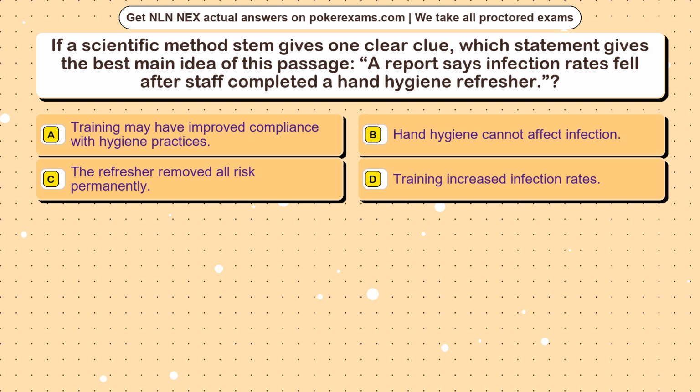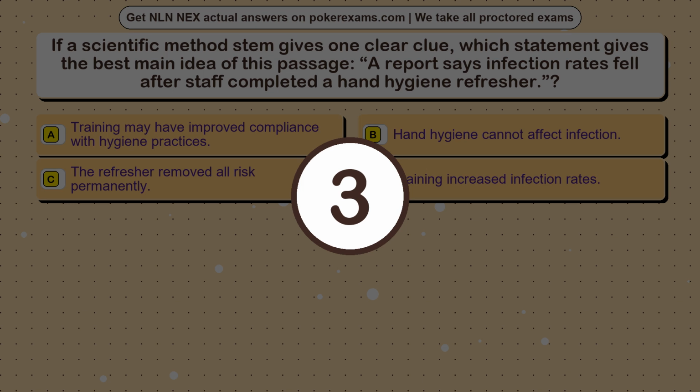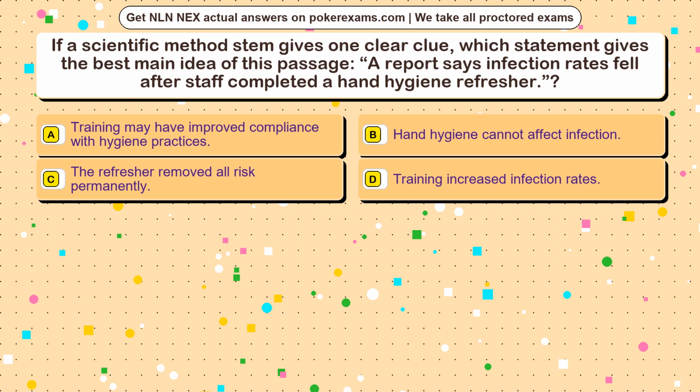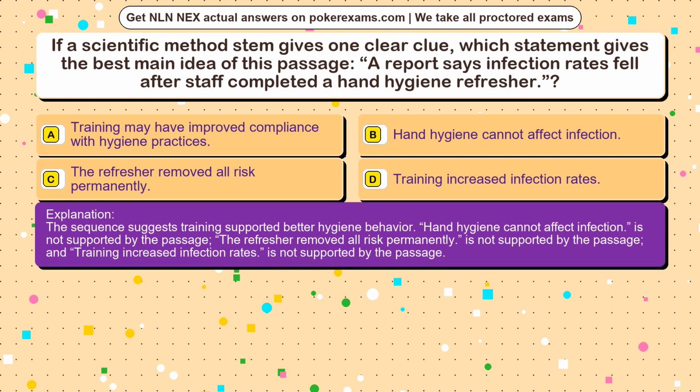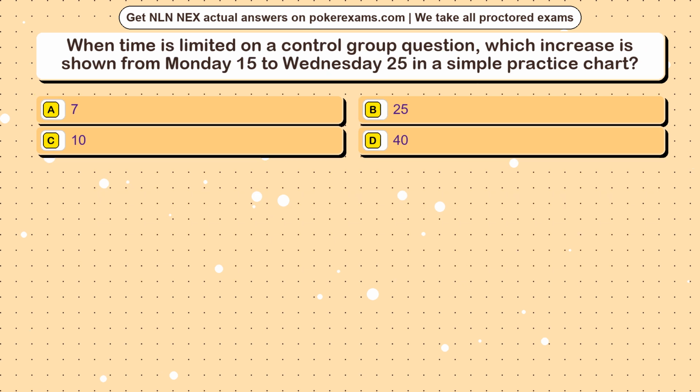Option D, training increased infection rates. The correct answer is option. The sequence suggests training supported better hygiene behavior. Hand hygiene cannot affect infection, is not supported by the passage. The refresher removed all risk permanently, is not supported by the passage, and training increased infection rates, is not supported by the passage.